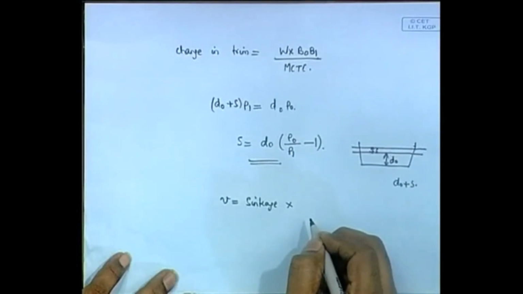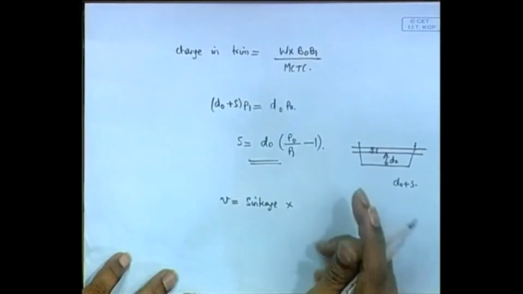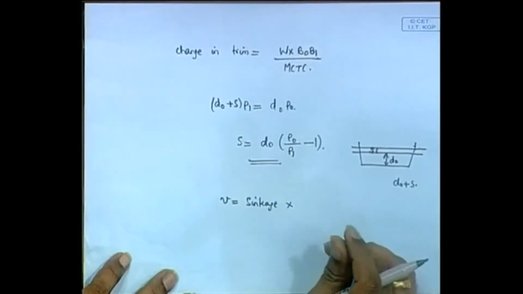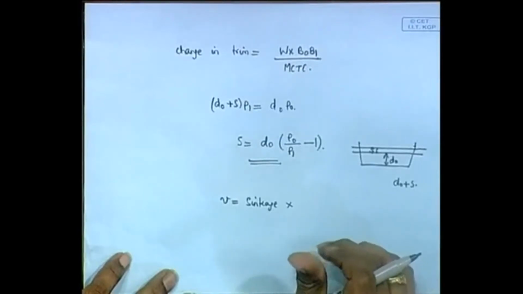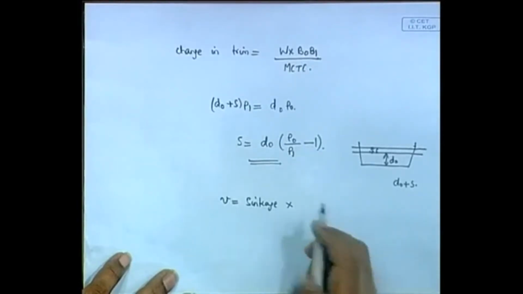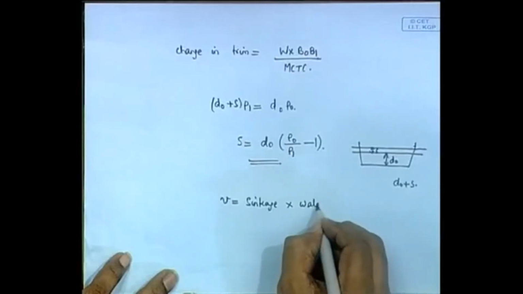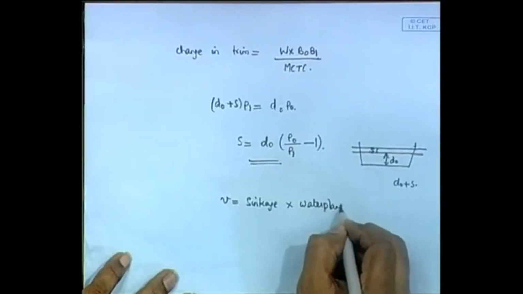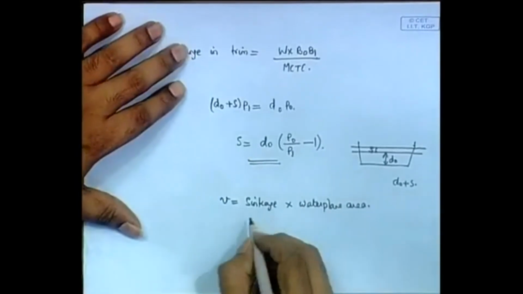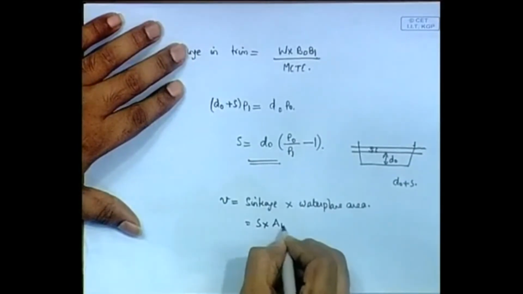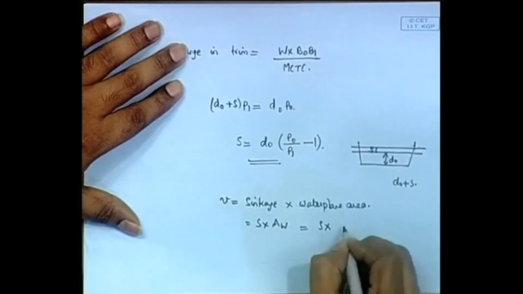Sinkage into area, obviously. Which area? Water plane area. So sinkage into water plane area will give you the increase in volume, so this is like S into AW.